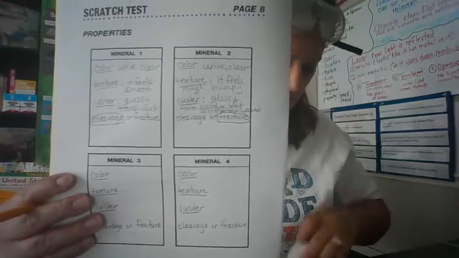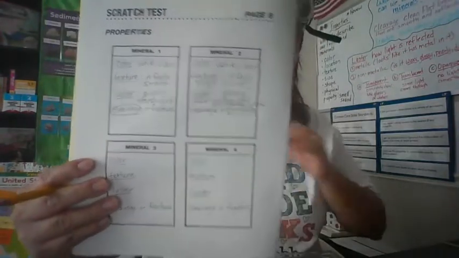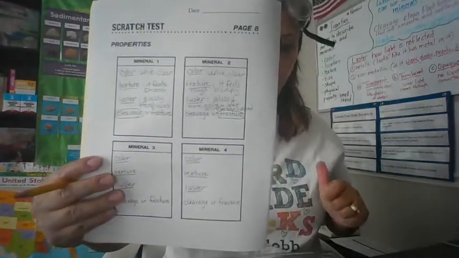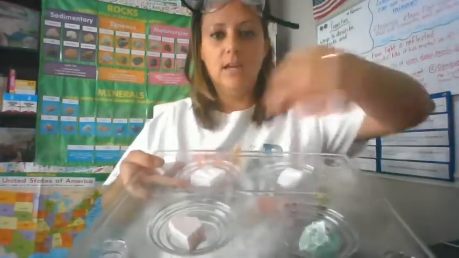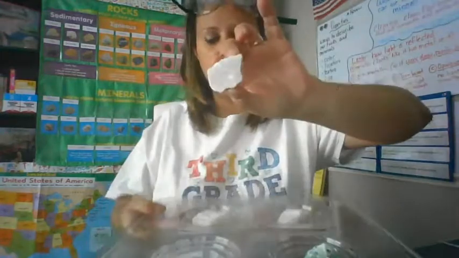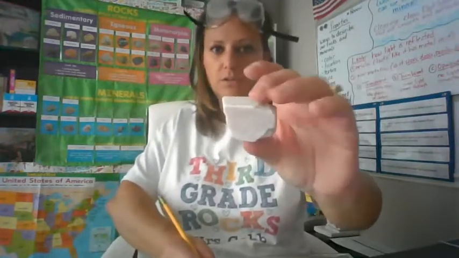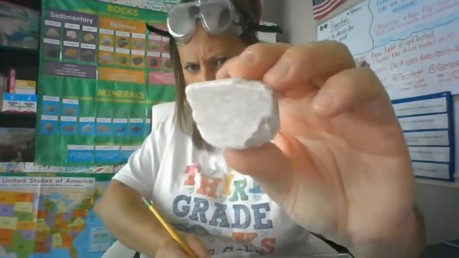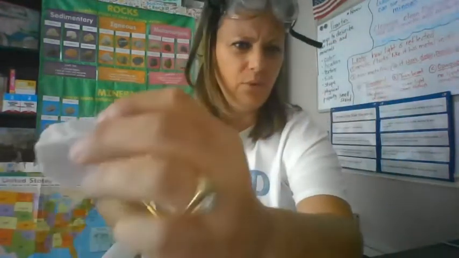All right, and I'm going to put mineral number 2 back and mineral number 1 back. We are moving on to mineral number 3. All right, mineral number 3, my friends, right here. We've got a color which is, from my standpoint, I see some pink in it. So I'm going to say pinkish, and I'm also going to say white.